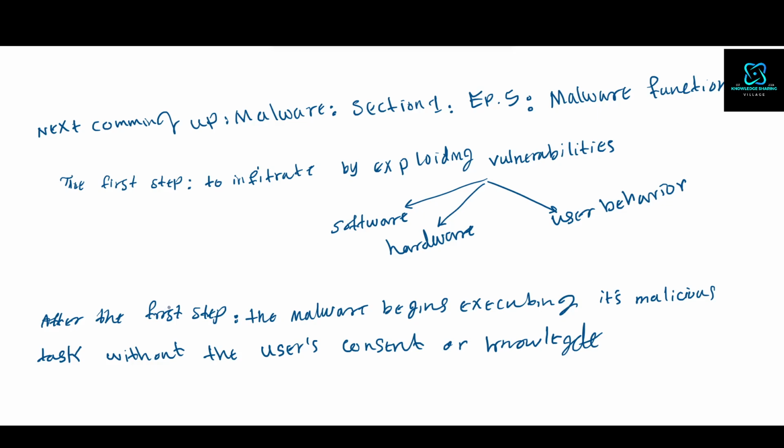In the second step, first of all, it depends on which type of malware we are talking about. Then the malware begins executing its malicious task without the user's permission, or even with consent. Most malware will try not to be detected while doing the task that the attacker wants them to do.